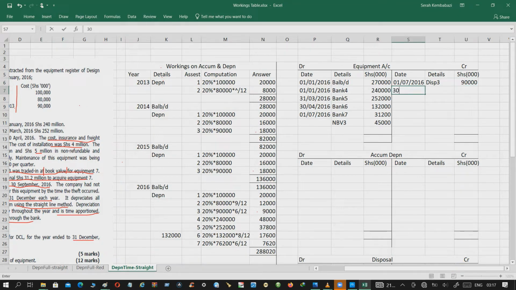And again, we also disposed of on 30th September 2016, equipment 2 that had a cost of 80,000.